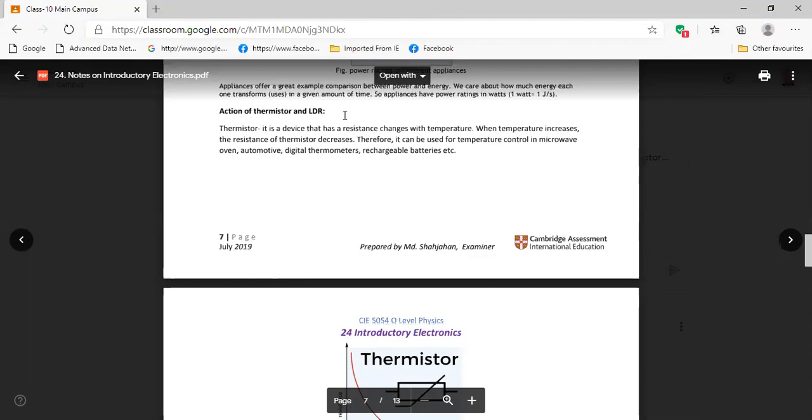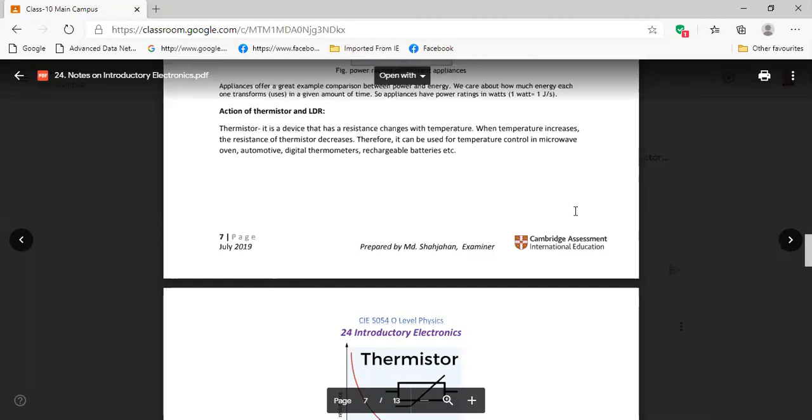Yes, sir. But one is for temperature increase, and another is for light intensity increase. Just remember, for both of them, resistance decreases if temperature increases or light intensity increases. Is it clear? Yes, sir. So if you remember this way, it will be easier for you.